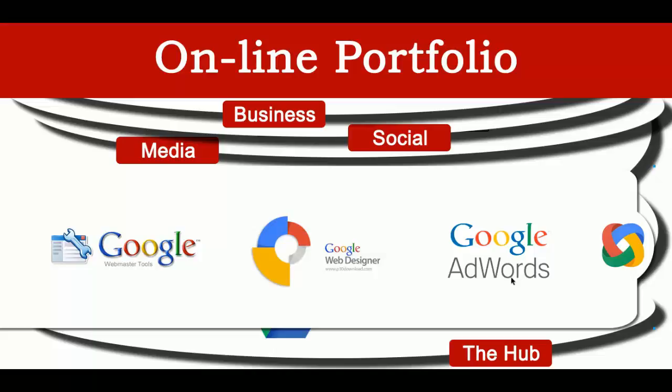Google AdWords is the advertising network of Google. It is for taking your business banners and hosting them on the network so that you can use advertising to increase sales and to increase traffic to your websites.